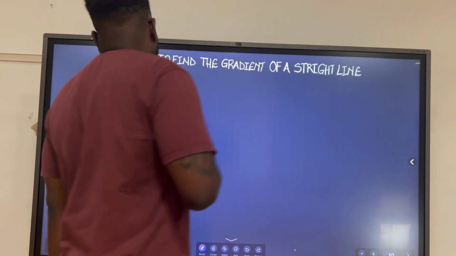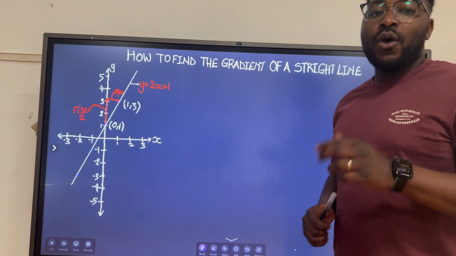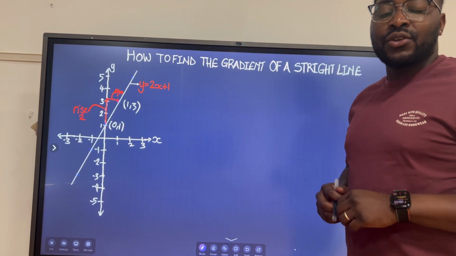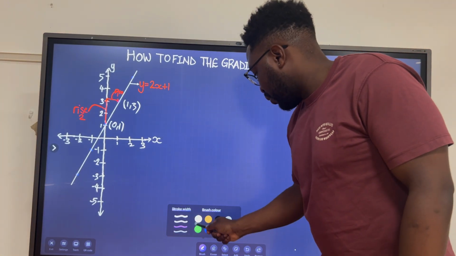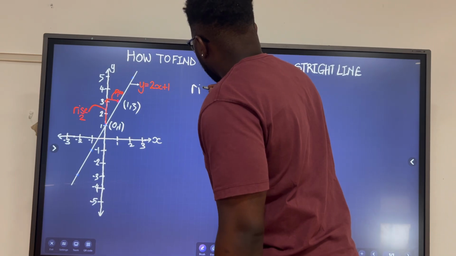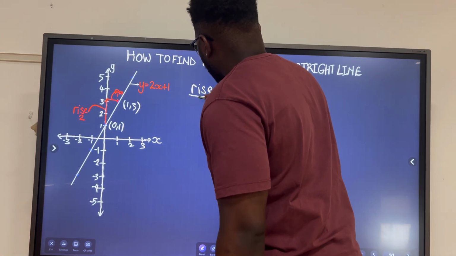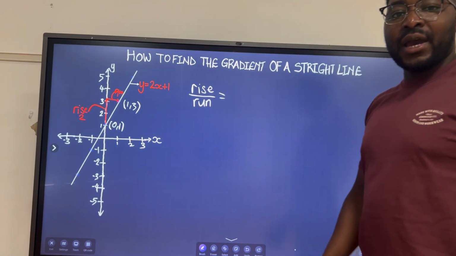What have we just done there? We have now discovered how we can calculate the gradient using rise over run. So that brings me to writing our rise over run formula over here. This is how we find the gradient.